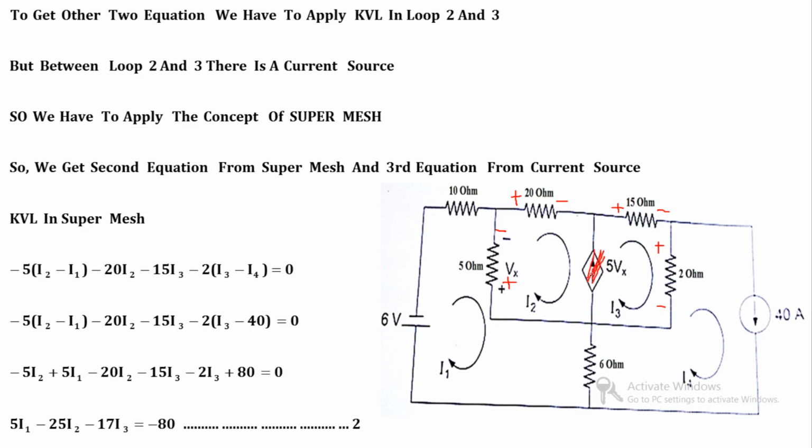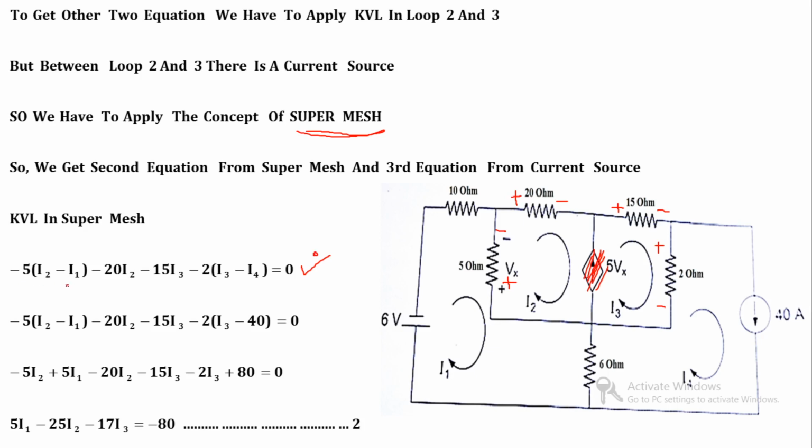So there is a merger of two loops, and this single loop is known as a super mesh. Clear? So for this 5 ohm we can write minus 5 times I2 minus I1. For this 20 ohm we can write minus 20 I2. For this 15 ohm we can write minus 15 I3, and for this 2 ohm we can write minus 2 times I3 minus I4. So this will be the equation for the super mesh.